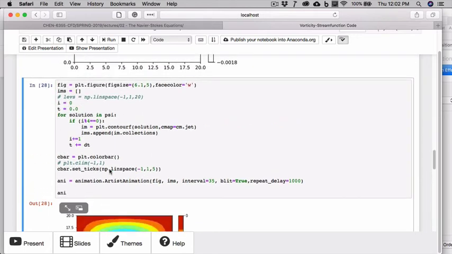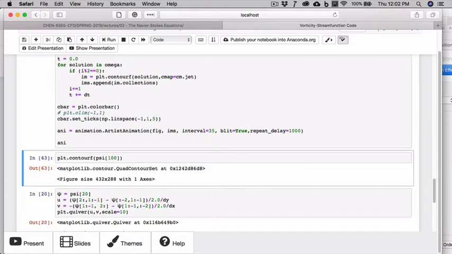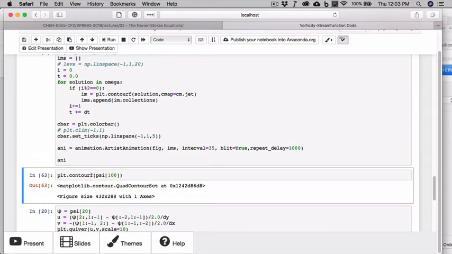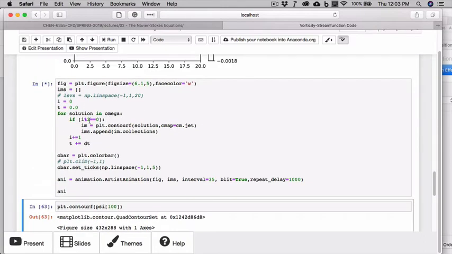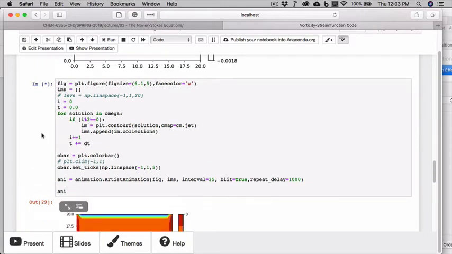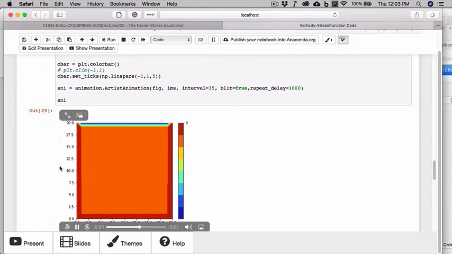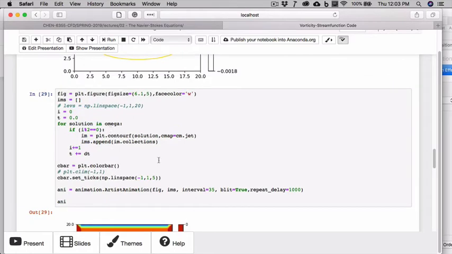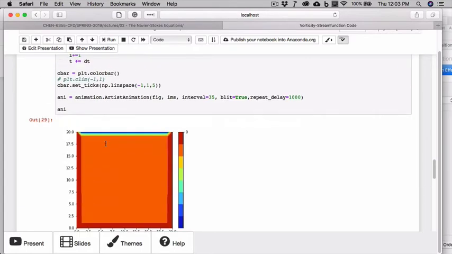So maybe I can plot omega. Let me see. Maybe do it a little bit slower. Give it a second. Okay, so vorticity is kind of just stuck in there. But the stream function is what's interesting.